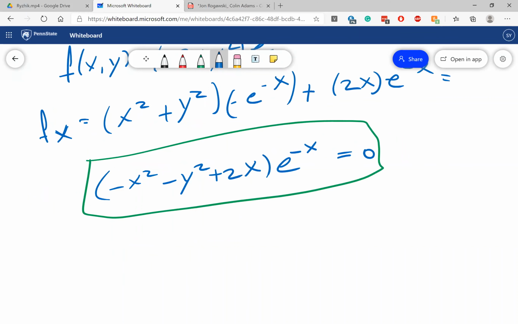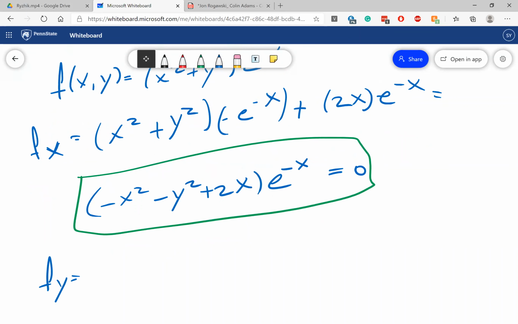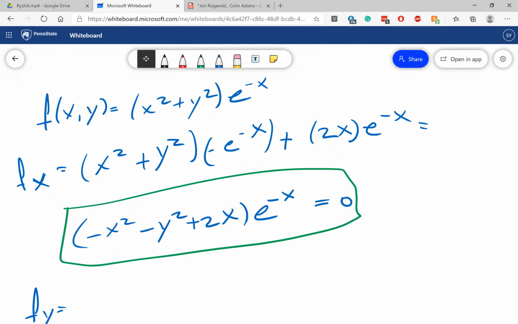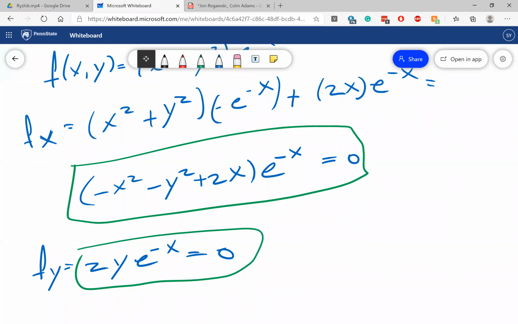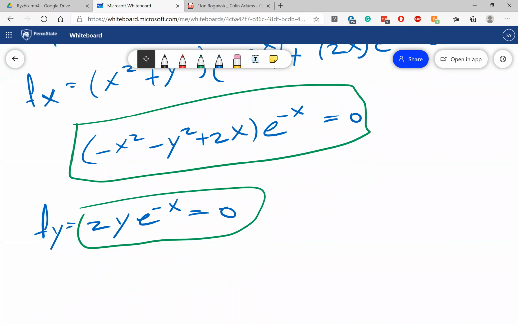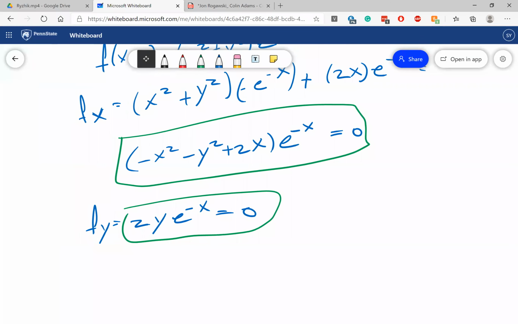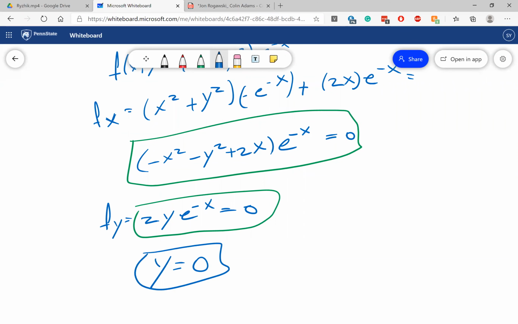Okay, the partial of f with respect to y is going to be 2y e to the negative x. And we also set this to 0. So from the second equation, we get that y is equal to 0. From the first equation, then, we get negative x squared plus 2x times e to the negative x is equal to 0.